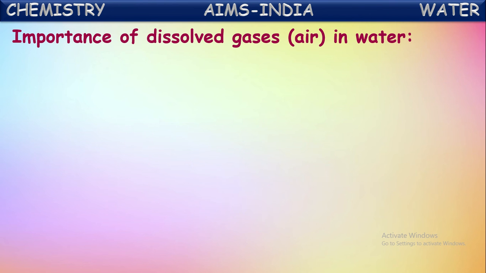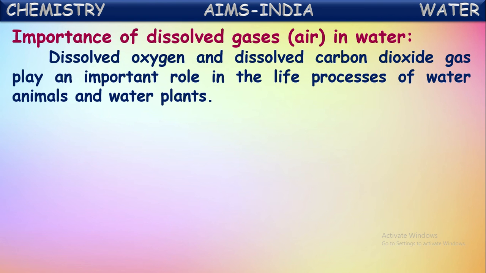Now let us see what is the importance of these dissolved gases. Are these useful? Let us see. Dissolved oxygen and dissolved carbon dioxide gas play an important role in the life process of water animals and plants.